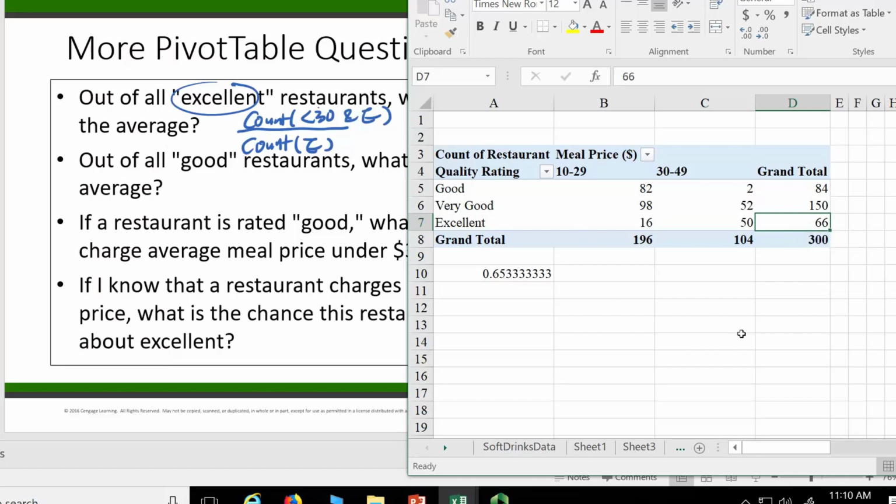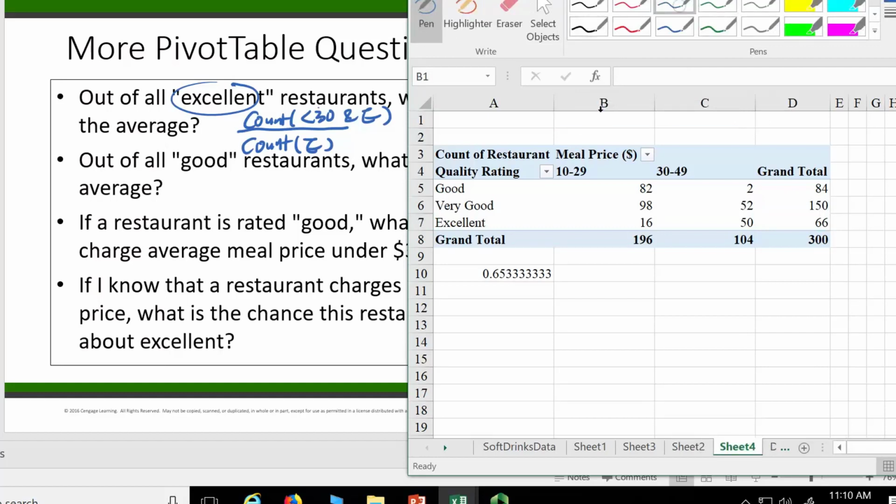Okay, excellent is 66, so that's the excellent part. And then here we need excellent and less than 30. What's that? 16, right, excellent and less than 30, so that's 16.